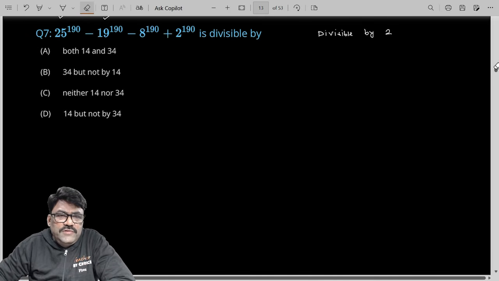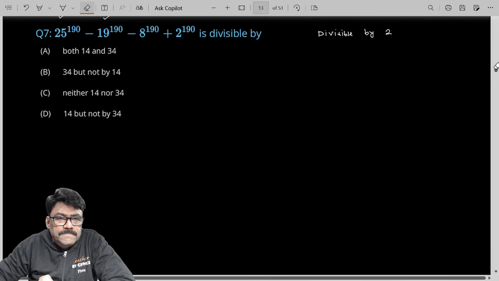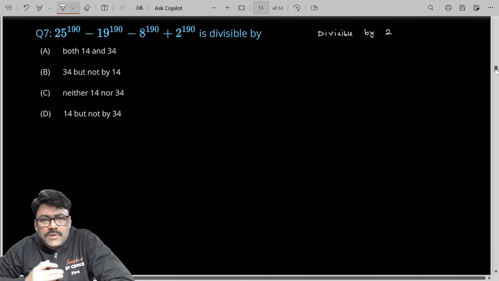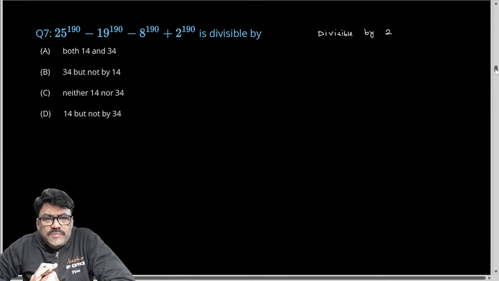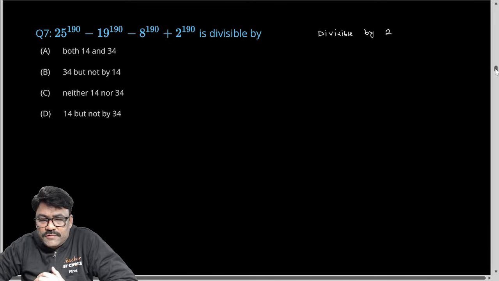Now let's check the divisibility by 17 first. I'm checking 17. Since number is already divisible by 2, if it is divisible by 17, then it will be divisible by 34 also. Divisible by both 2 and 17 means divisible by 34.